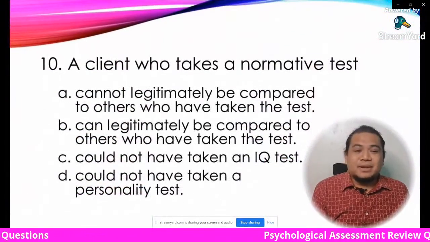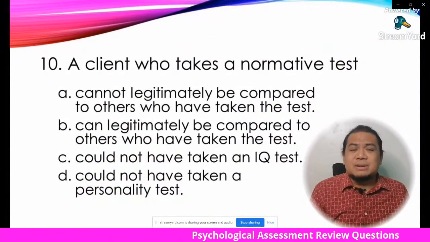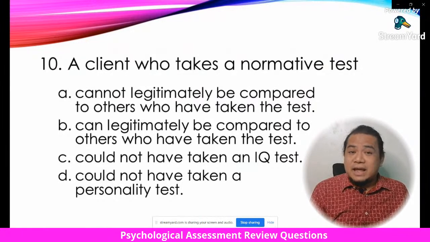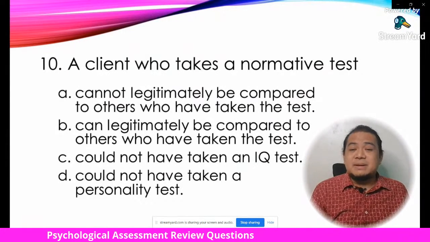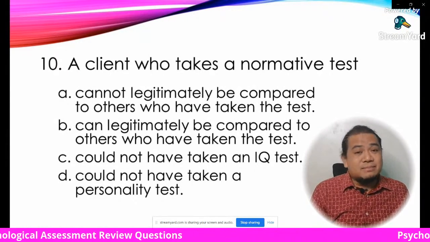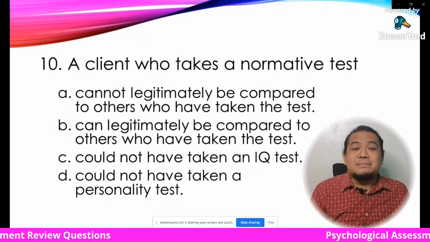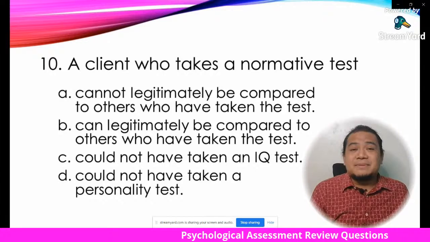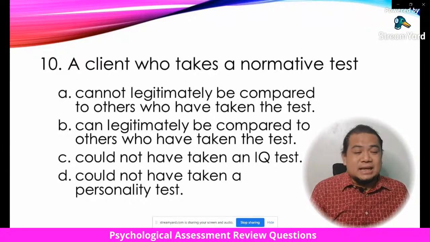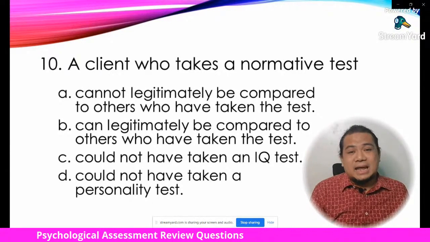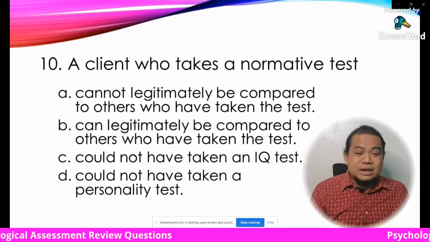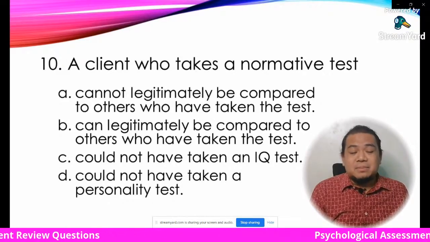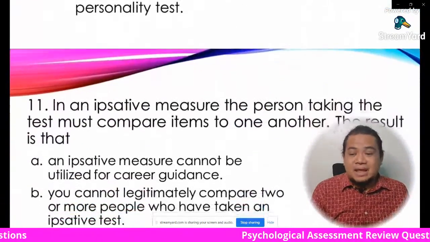Number 10. A client who takes a normative test, letter A, cannot legitimately be compared to others who have taken the test. B. Can legitimately be compared to others who have taken the test. C. Could not have taken an IQ test. Or D. Could not have taken a personality test.